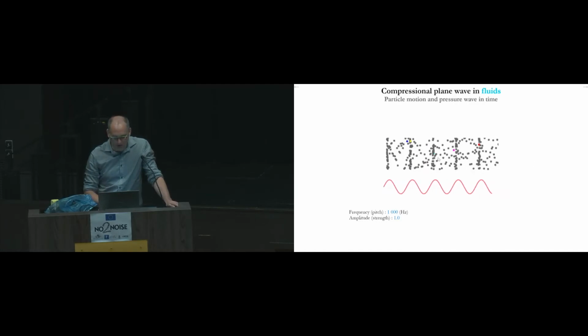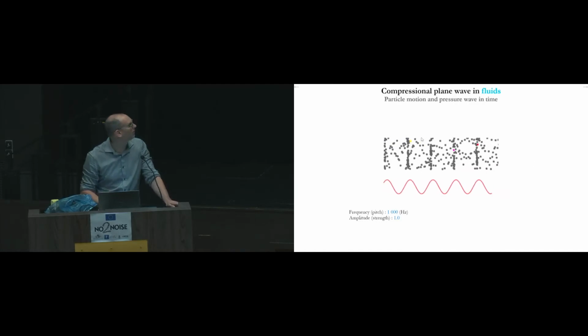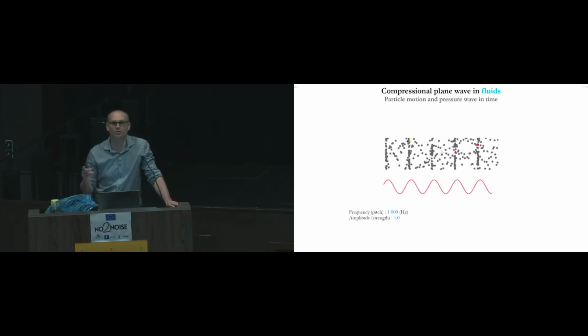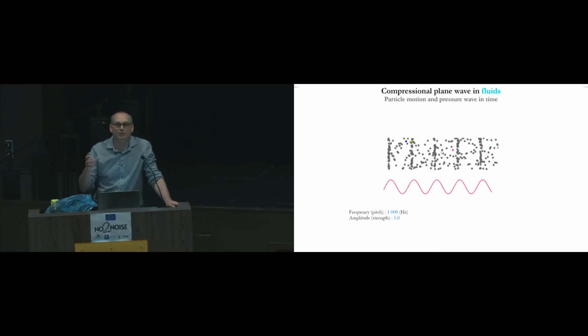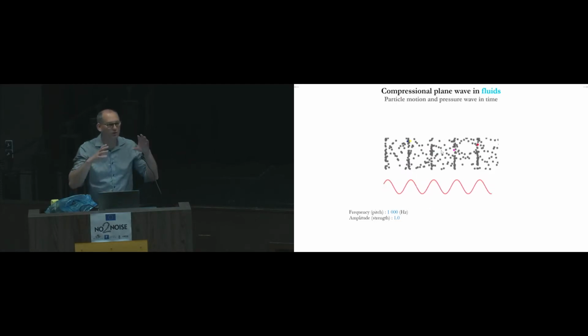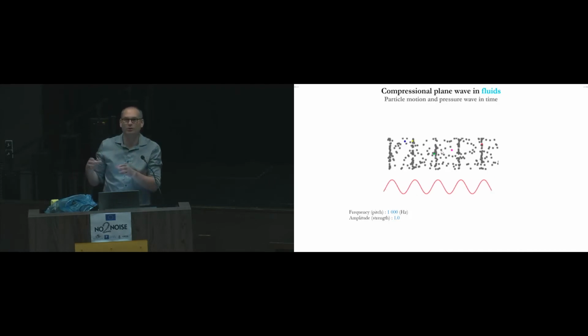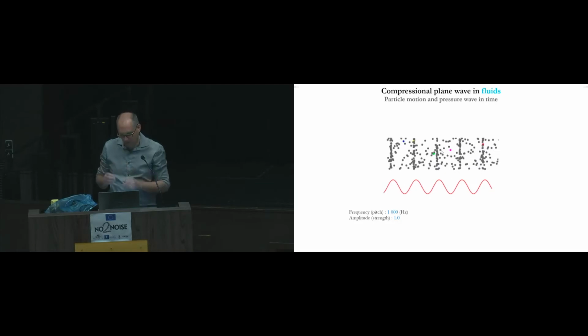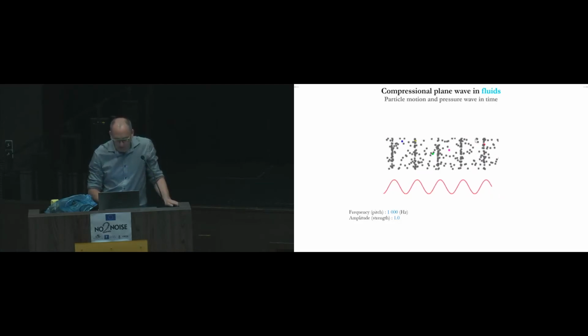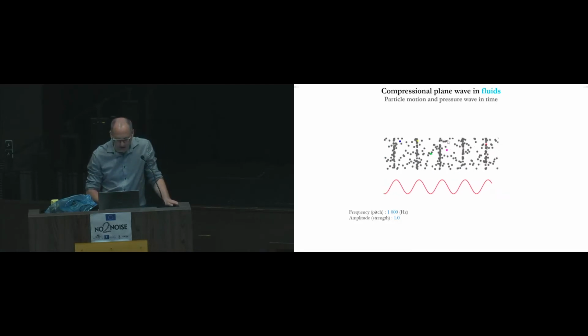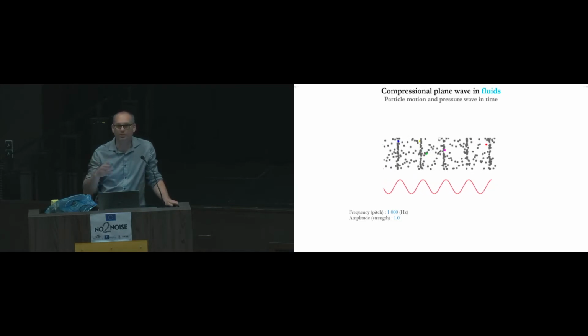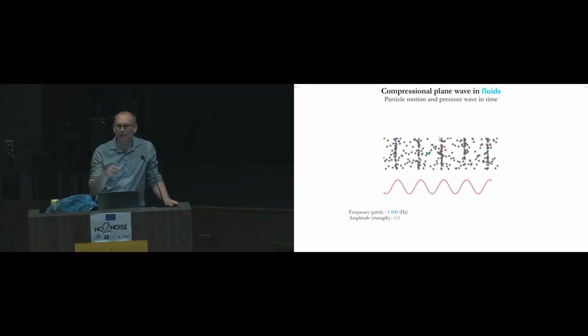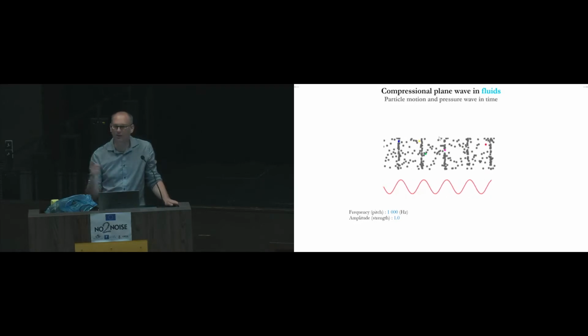The particles are in fact a bunch of air molecules, so oxygen and nitrogen molecules, and a particle is one dot like this. You can see that we have a wave traveling through the fluid, but our particles are just moving around a fixed position.